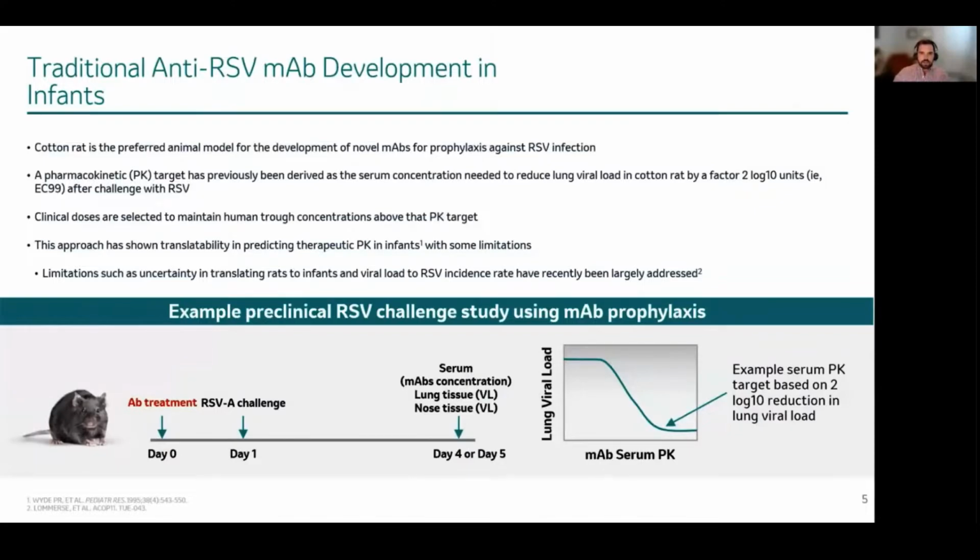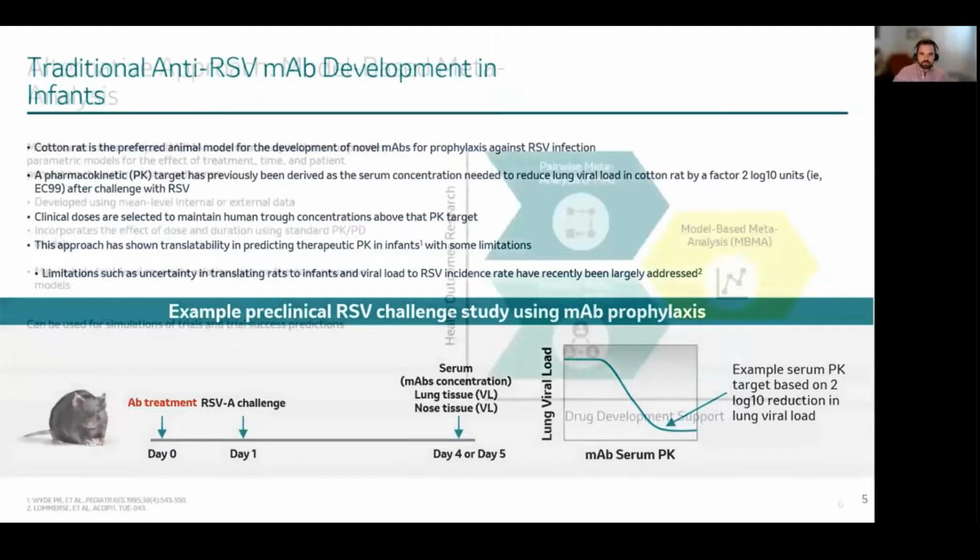So you essentially target the concentration that's needed to reduce viral load by a factor of 2 log units after challenge. So the goal is to then select a clinical dose that keeps your infant above this PK target for the duration of the season. And overall, this approach has shown to be reasonably well translatable to the infant population.